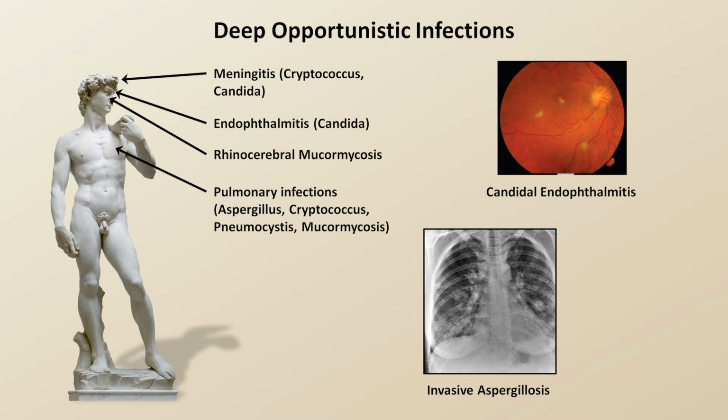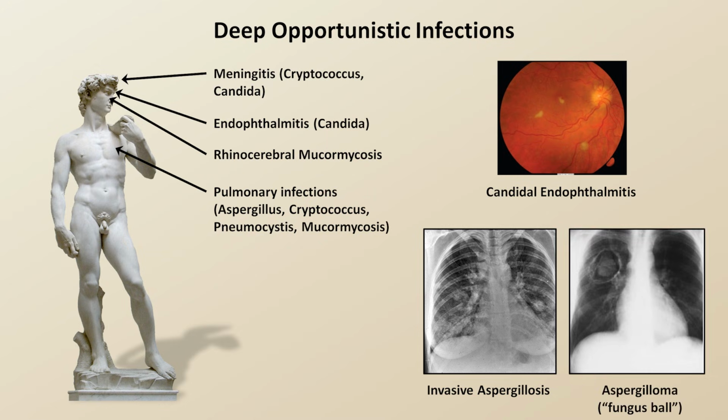One of the more specific radiographic findings of fungal disease in the lung is something called an aspergilloma, or more commonly a so-called fungus ball. This is literally a giant mass of fungus mixed with fibrin and mucus that is thought to develop within a pre-existing lung cavity. Although it sounds quite unpleasant, surprisingly these patients can be minimally symptomatic.